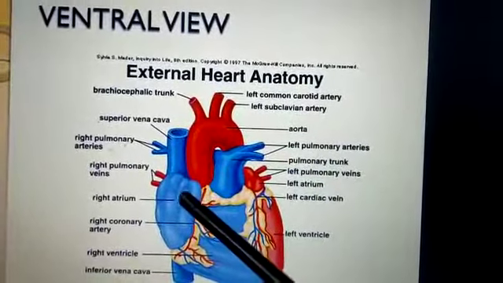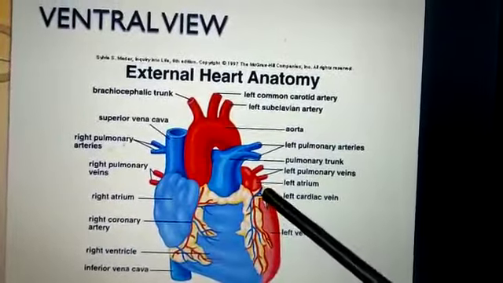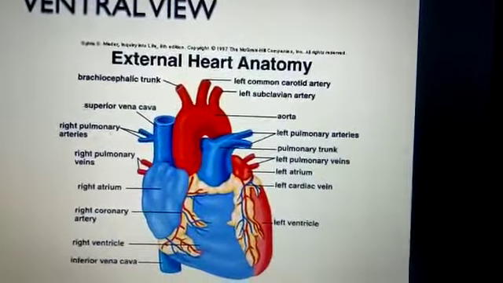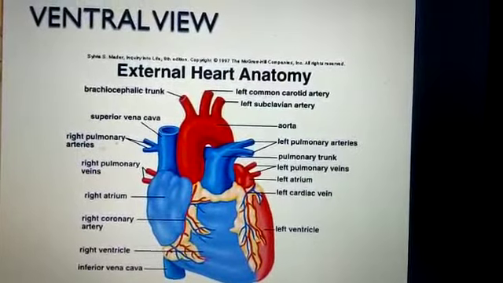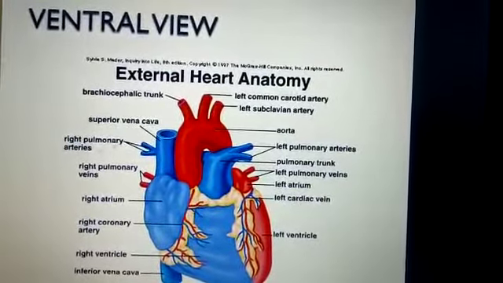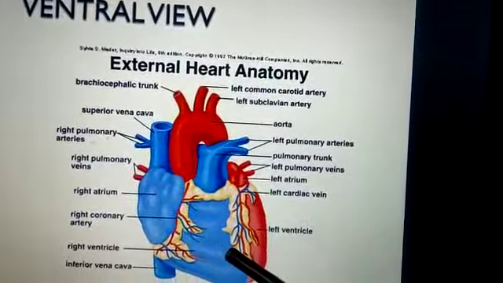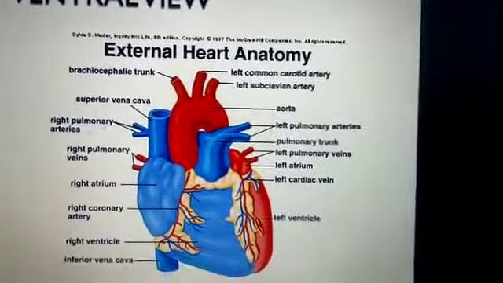Now, there is a groove which separates atria and ventricles, which is called as coronary sulcus or atrioventricular groove. It is a transverse groove that separates atria from the ventricle, which is seen externally.